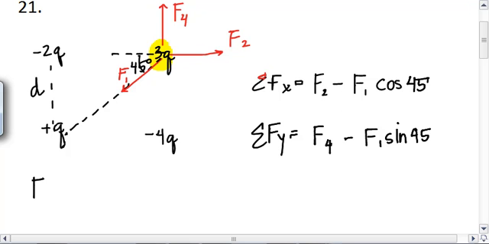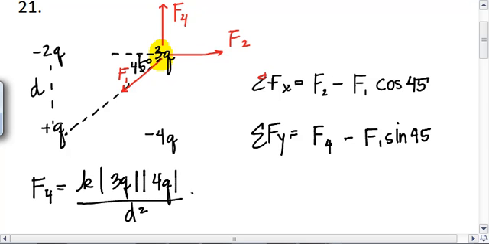So F4 was the first one, and we have an equation for that, right? The force between two charges. Dylan, what's the equation for the force between two charges? Okay. All right, perfect.